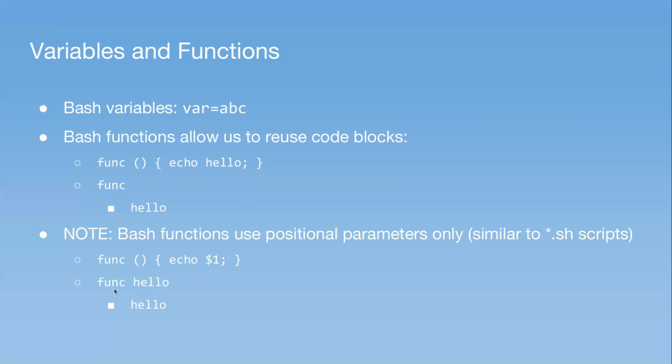If we define a function like this and then type in func hello, it will print hello. But if we type in func bye-bye, it will print bye-bye because it's the first positional parameter. So the point is that you would never add anything inside the brackets. The brackets are always empty. The function just takes in whatever you put in after the function name as arguments.